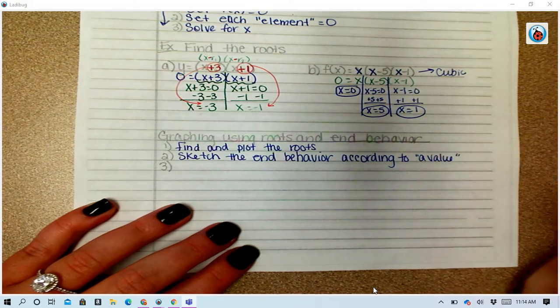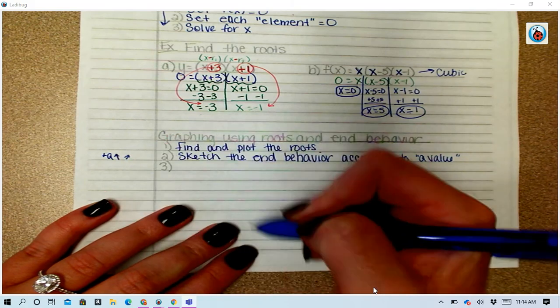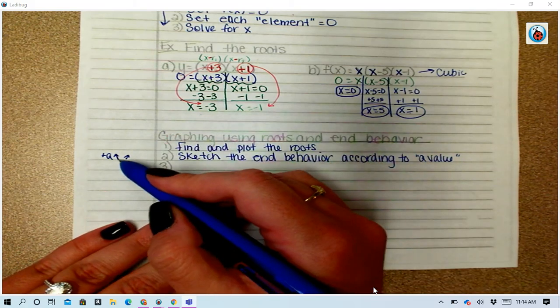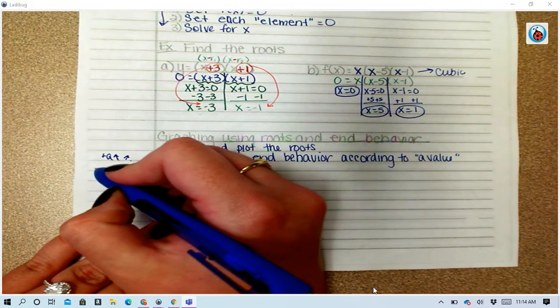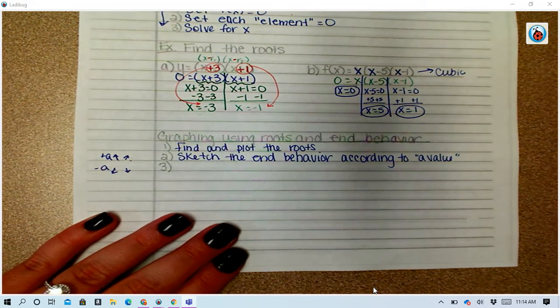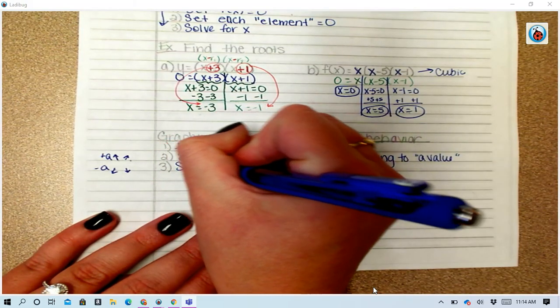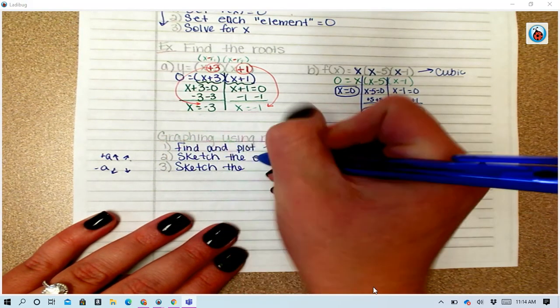So what does that mean? If it's a positive a value, then your ends are going to go up like a cup, so both of your tails are going to go up. If it's a negative a value, you know that your tails are going to be down. And then third, you're just going to sketch the remaining parts of the graph. And it doesn't have to be perfect.